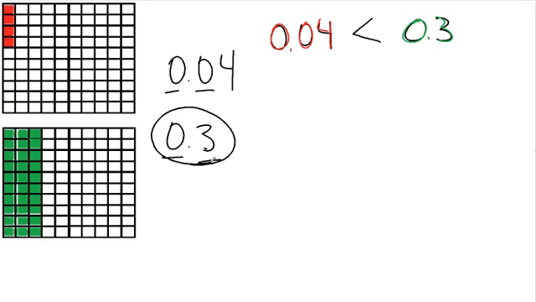Another way you can do is you can add zeros until you have the same number of decimal places on both sides. And so if you do that, we can see that 30 hundredths is greater than 4 hundredths, or 4 hundredths is less than 30 hundredths. 4 hundredths is less than 3 tenths.